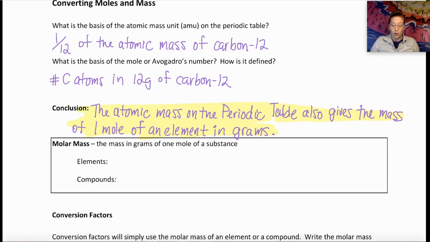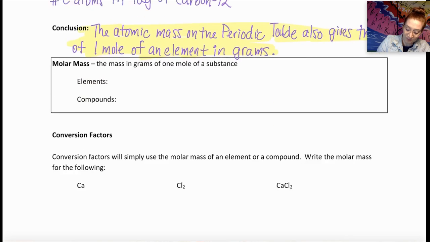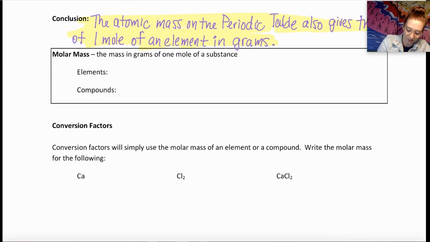Okay, so in order to get the molar mass of an element, all we're going to do is look at that periodic table, find the atomic mass from the periodic table, and I'm going to abbreviate periodic table PT, and then we just put this in a unit of grams per mole.